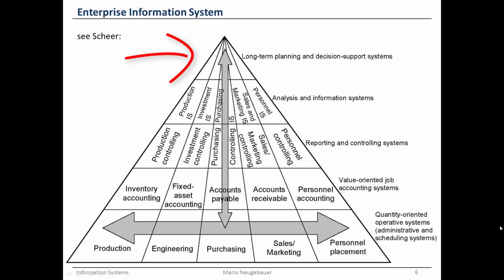In the top part of the pyramid, you see the functions which are important for the upper management of the company to do long-term planning, to support the strategy. And in the following slides, we will look at these different layers, talk about the perspectives important in these layers, and put the things together to see what it actually means to have this pyramid for enterprise information systems.